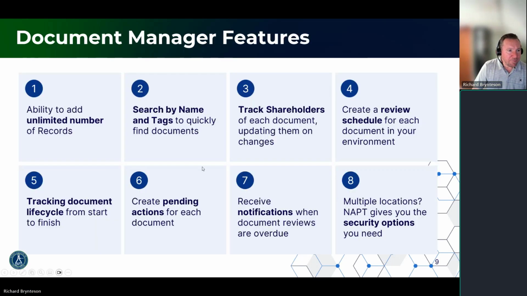All right. So let's put the idea behind some features. What can we do? You can upload your documents. We can quickly search by name and tags. We can track who those shareholders are, the individuals who have some sort of vested interest in that document or a location or whatever the case might be. We can create the review schedule.